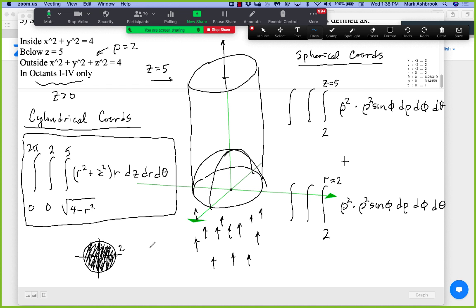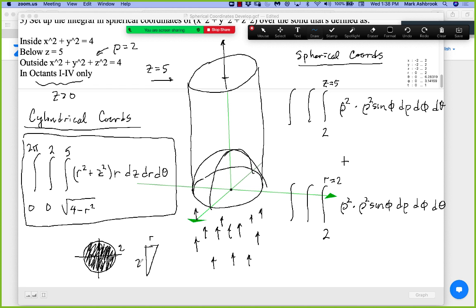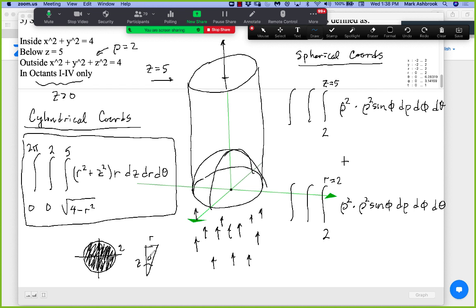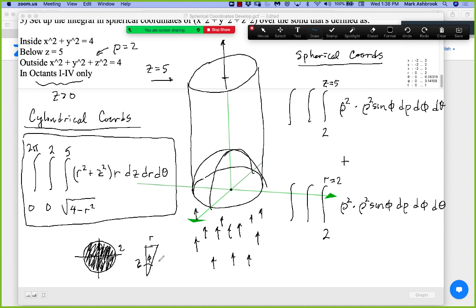So if you remember from last time, if this is r, and this is z, and this is phi, and this is rho, how do we relate rho and z together? Z equals rho cosine phi. Yes, we derived that last time, but we can just do it again here.